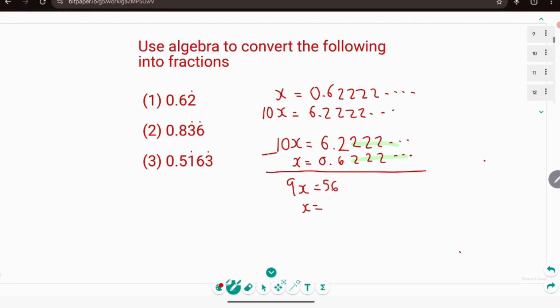Divide both sides by 9. We don't want the decimal within our fraction, so let's multiply the numerator and denominator by 10. It does simplify this time. Let me check. Correct.